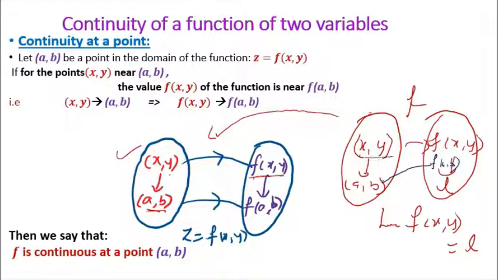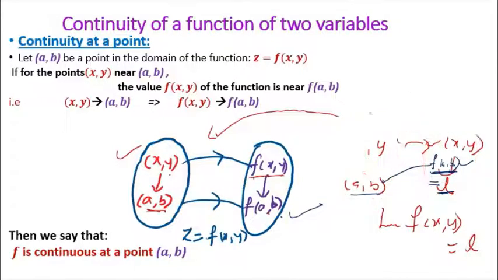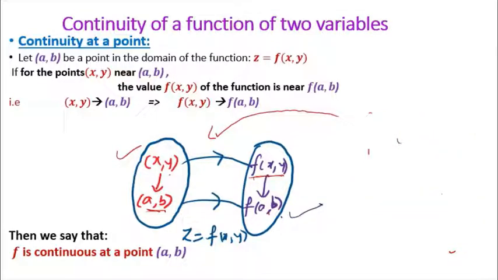As xy has f of xy as its image, ab also will have f of ab as its image, since f is a function. Then if this f of ab is equal to L, the limit we were talking about, that is, if the limit itself is the image f of ab, then you call that function a continuous function. Let me draw again and make it clearer.